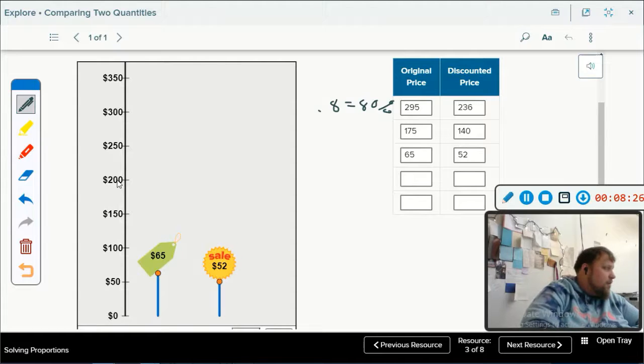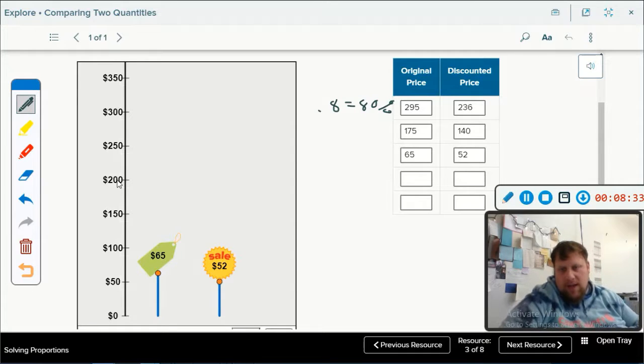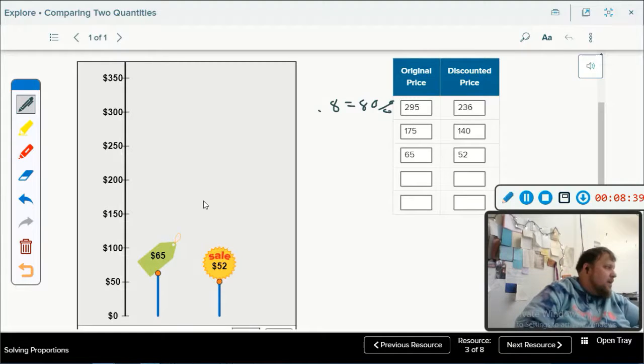What's 175 divided by 140? Seems like it'd be different because the other one is almost $60 apart, and this one's only $35 apart, right? You want to know what's crazy? When I do 140 divided by 175, it's still 0.8. Still 80%.